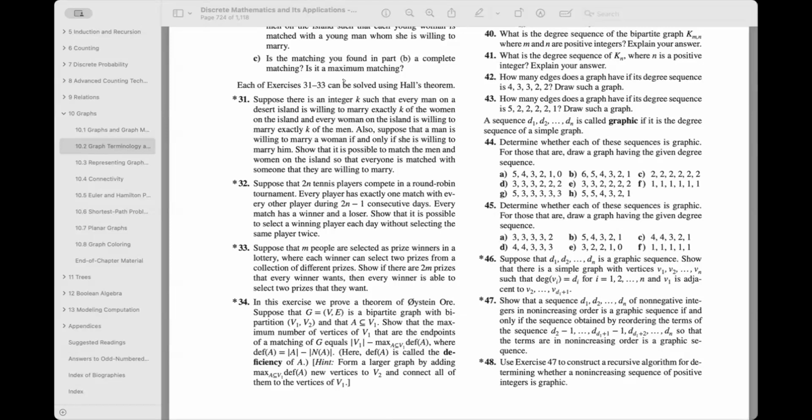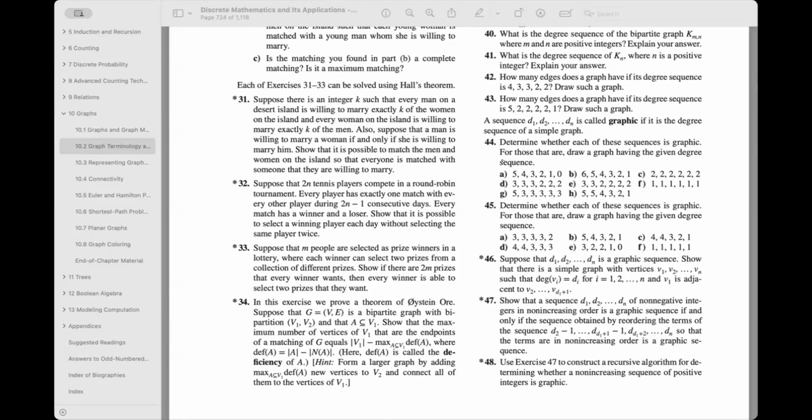Oh wait, maybe what the question is saying is that every man and woman has a preference of K, let's say K is 1, for the woman that he wants to marry.